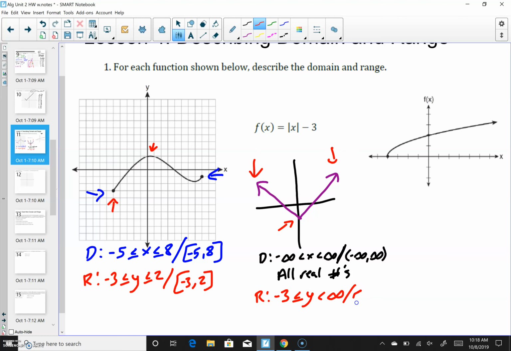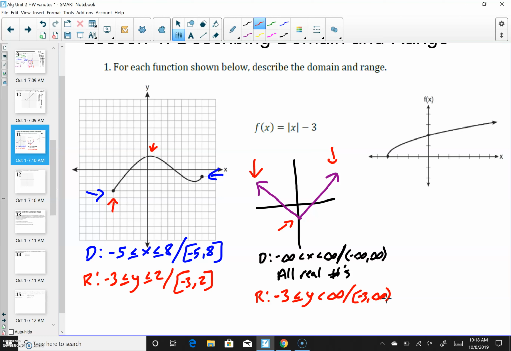Okay, interval notation, square bracket, -3, comma infinity, parenthesis. So this graph has a clear low point at y equals -3, but it goes on forever upward, therefore it has a maximum all the way up to infinity.